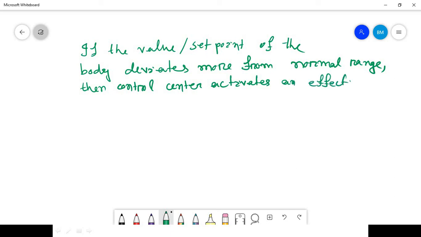Okay. Otherwise, in small deviation, the effector cannot be activated because it automatically adjusts the set point.